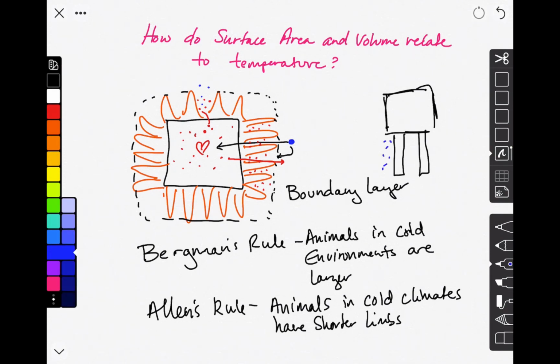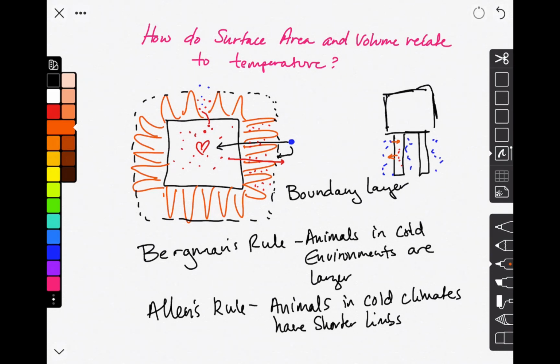for the cold molecules that are surrounding it to get into these legs, they don't have to move very far. And for the hot molecules to get out, it's the same thing. Because as you hopefully remember by this point, the shorter the distance something has to diffuse across, the faster that's going to occur.